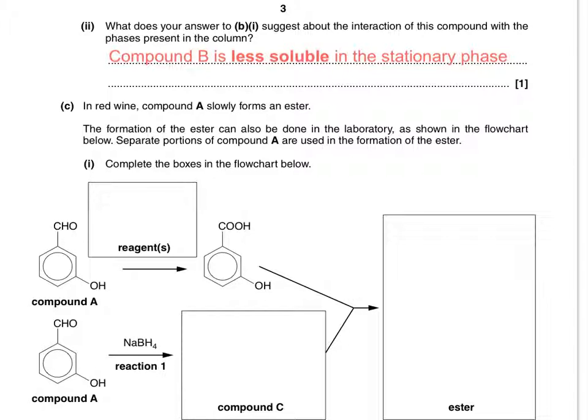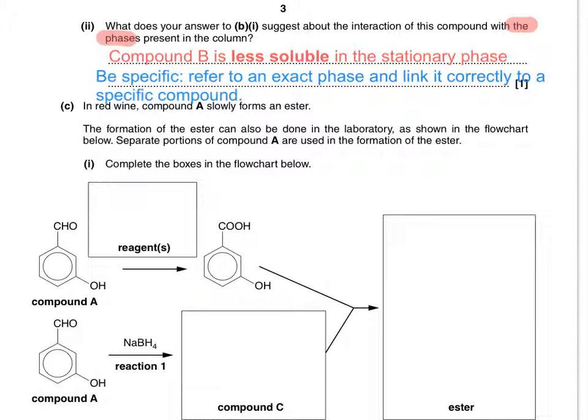So looking at the question, it talks about the phases. I would suggest that you'd need to be specific about which compound is interacting more with which phase. In other words, you need to be specific. Whatever you do say, make sure it links the correct compound to the correct phase. So you don't have to say compound B is less soluble. You could say compound A is more soluble in the stationary phase.